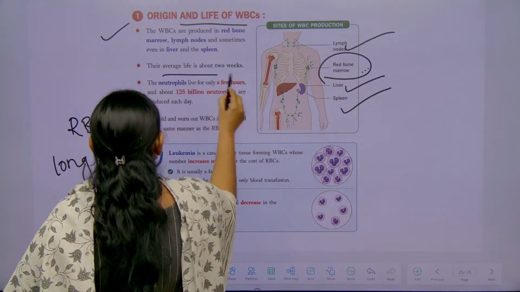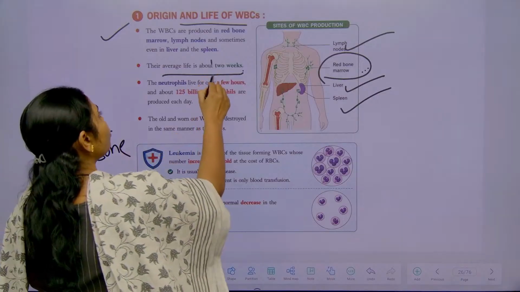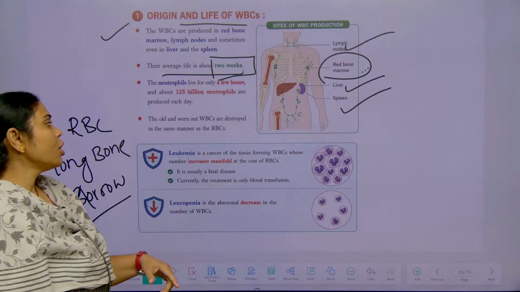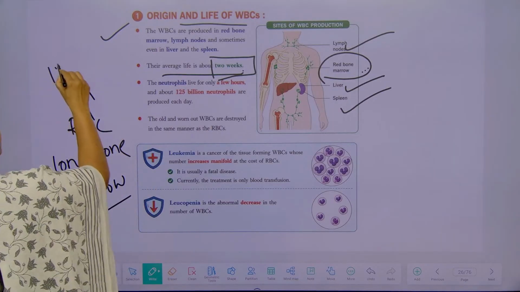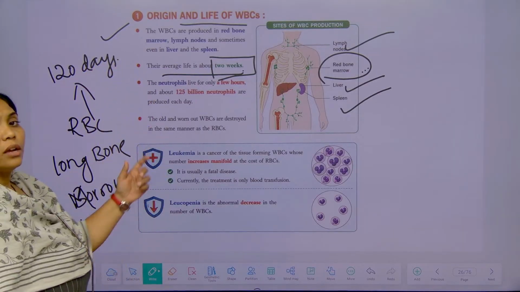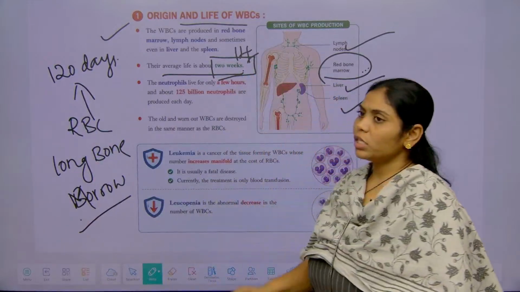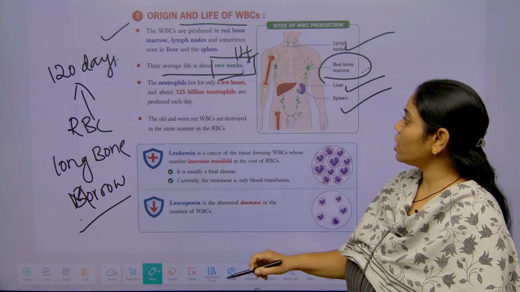What is the lifespan of WBCs? That is only 2 weeks. How many days can they survive? 2 weeks. What is the RBC lifespan? That is 120 days. Very few days, only 14 days they can survive. After that, new WBCs are produced again.